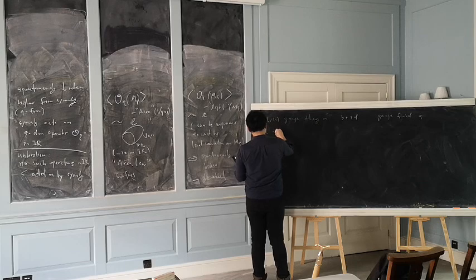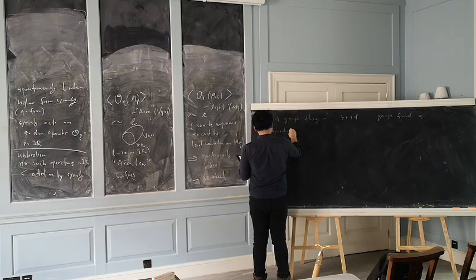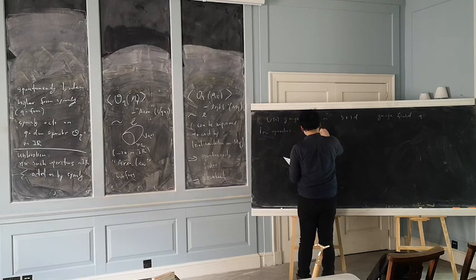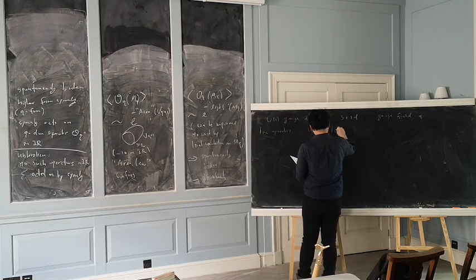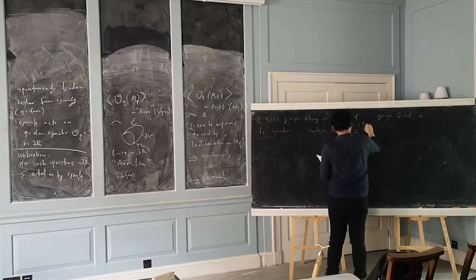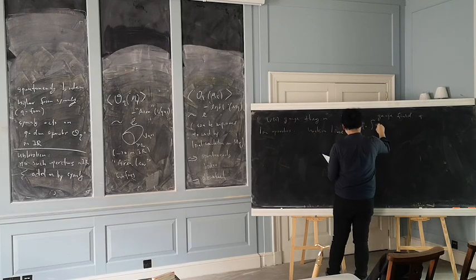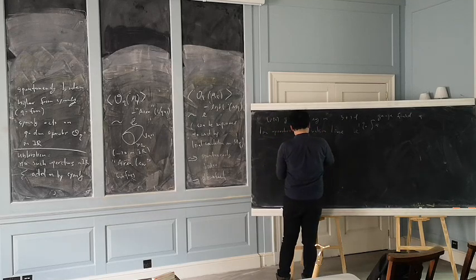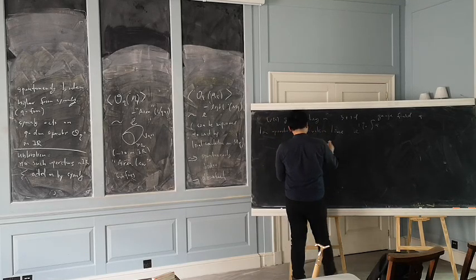So there are Wilson line operators labeled by an integer, which is the electric charge. And there are also 't Hooft line operators.